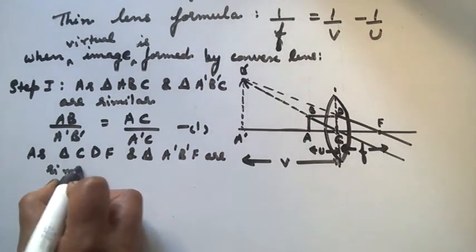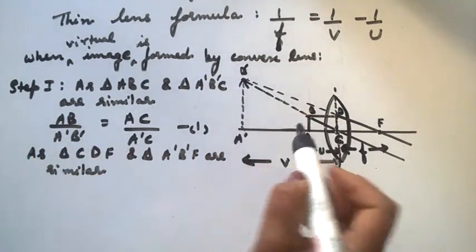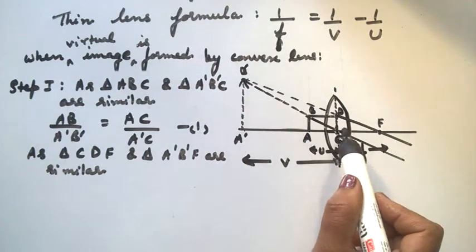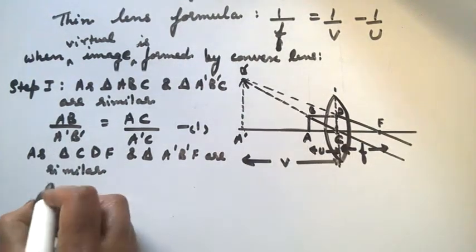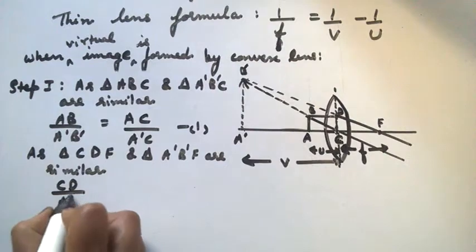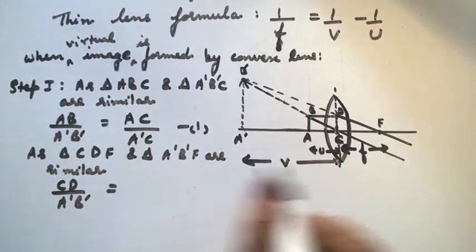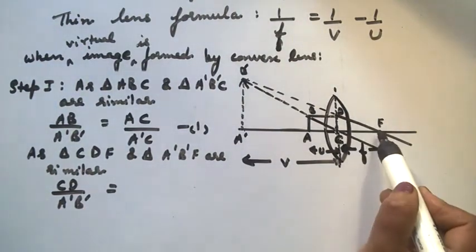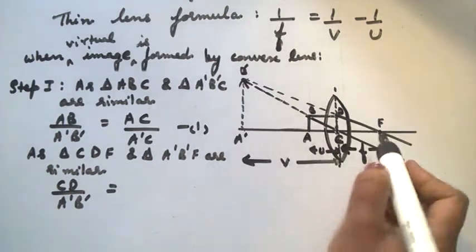So we will write their sides in proportion, that is CD upon A dash B dash is equal to CF upon A dash F.